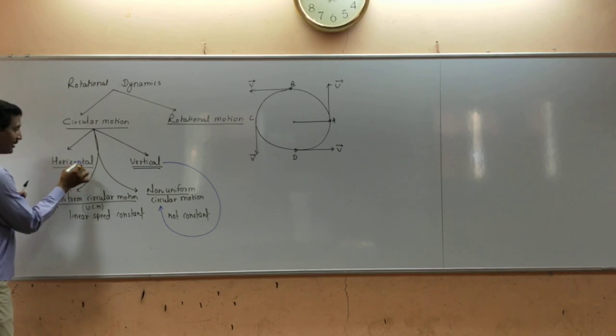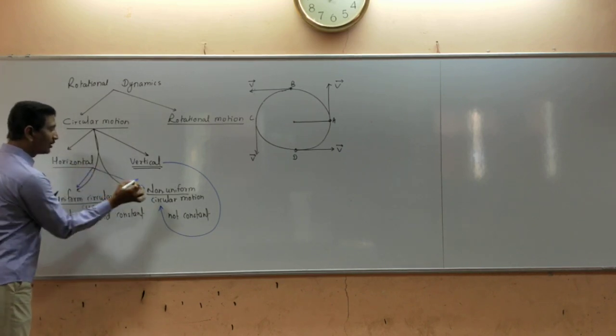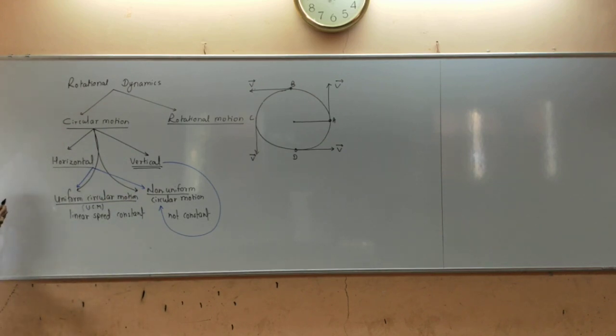But horizontal circular motion may be UCM or non-UCM. So these are the four types of circular motion.